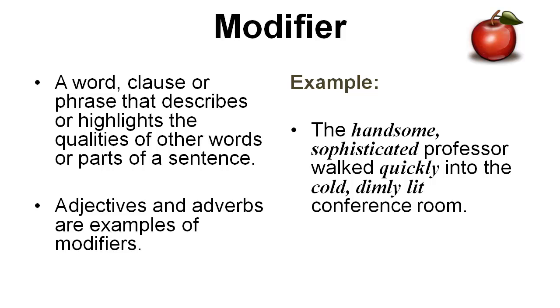Cold and dimly lit refer to the conference room, giving you a description of the professor and of the conference room. And so in this case, adjectives and adverbs are examples of modifiers, or words or groups of words that highlight the qualities of other words or parts of a sentence.